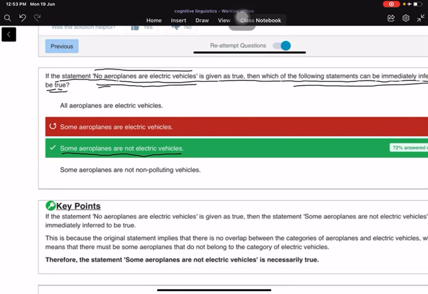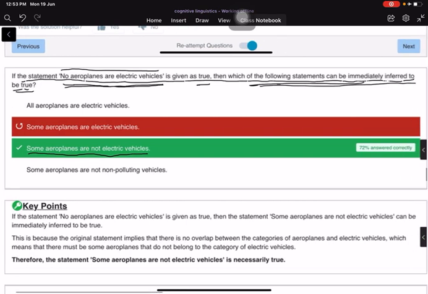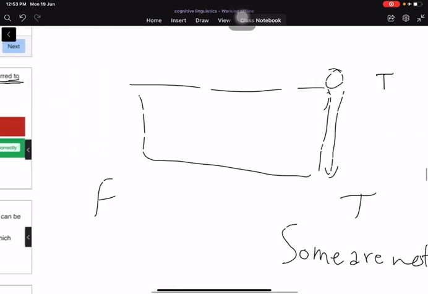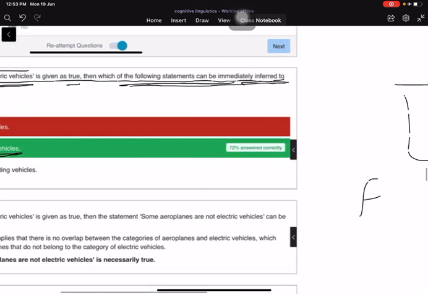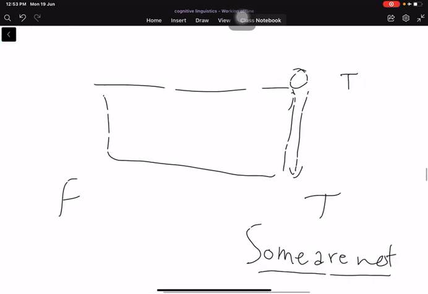So no aeroplanes are electric vehicles is given as true. Which of the following statements can be immediately inferred to be true? That's some aeroplanes are not electric vehicles, which would come in this position. If this is true, it makes this to be true. If this is false, this makes this to be false.